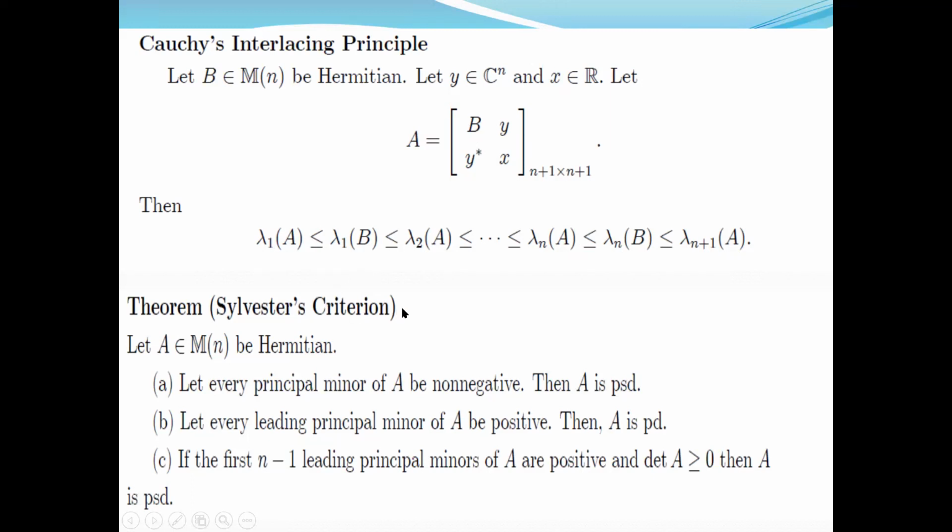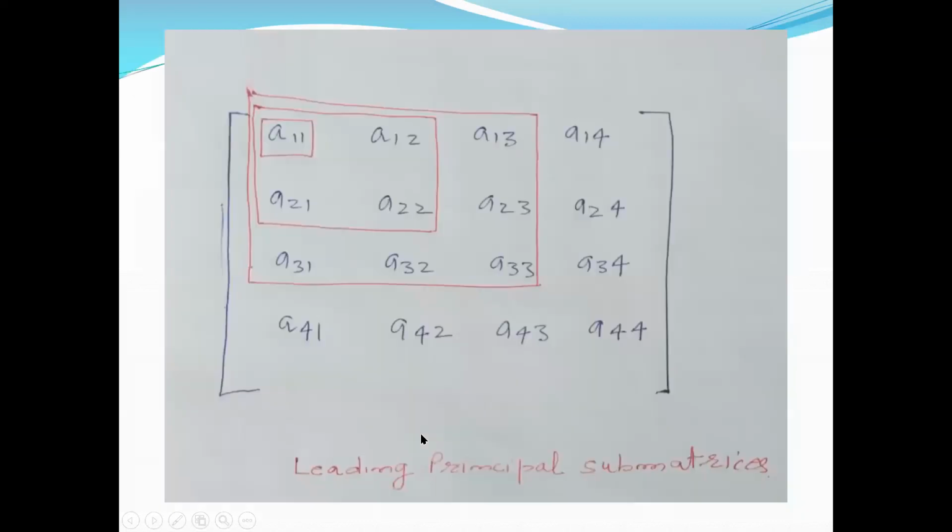Now, Sylvester criteria. Let A be Hermitian. If every principal minor of A is non-negative, then A is positive semi-definite. If every leading principal minor of A is positive, then A is positive definite. Clear? What are the leading principal submatrices?